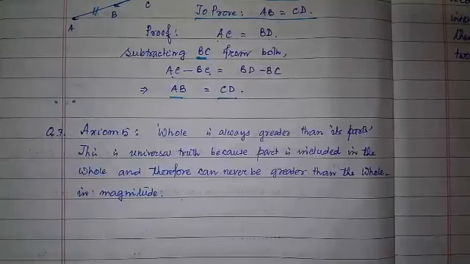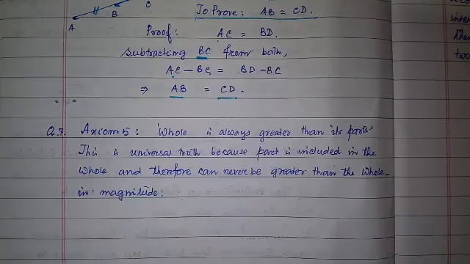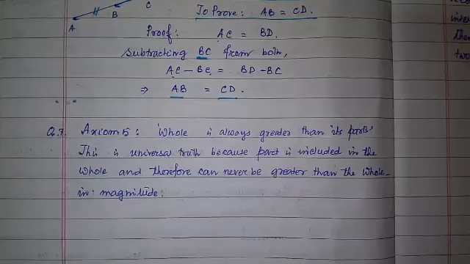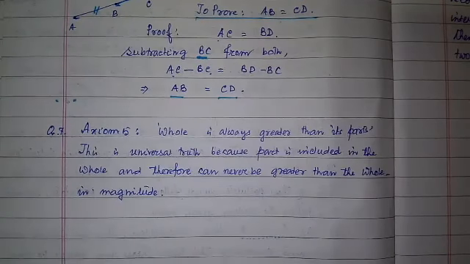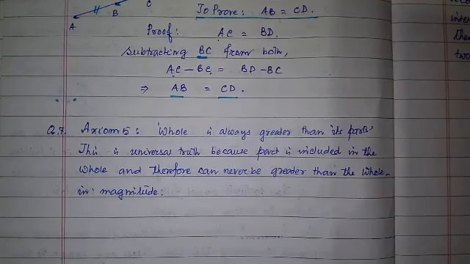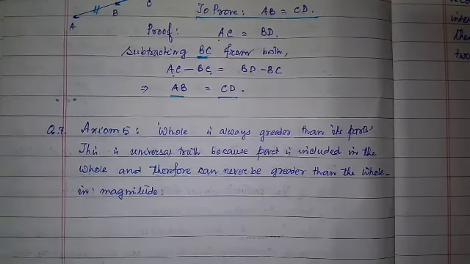Now question 7. Why is axiom 5 in the list of Euclid's axioms considered a universal truth? Note that the question is not about the fifth postulate.